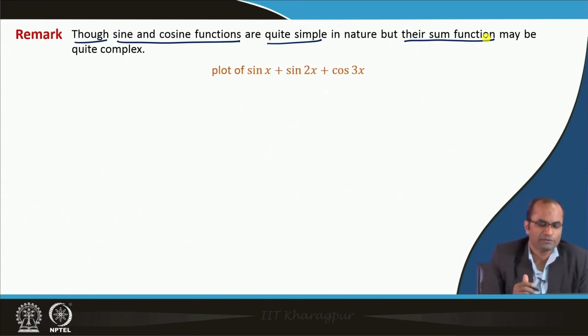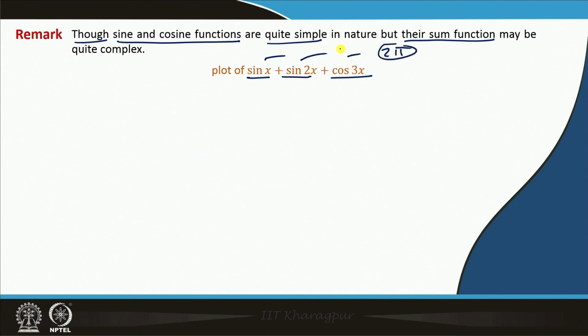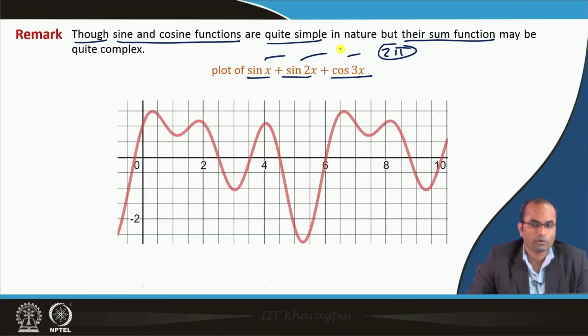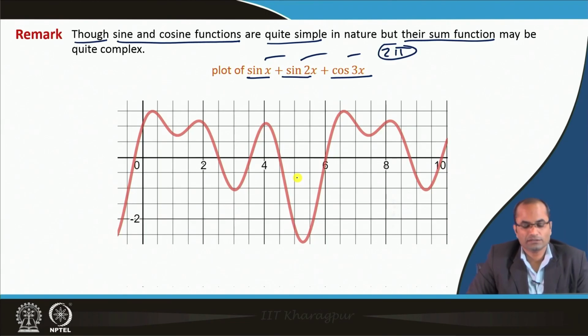Just a simple example, which we have just seen before: sin x, sin 2x and cos 3x. If we take this function, the common period of all these functions is 2π, so the period of the sum function is 2π. If we plot this, we can see it is not as simple as we perhaps expected from the sine and cosine functions.